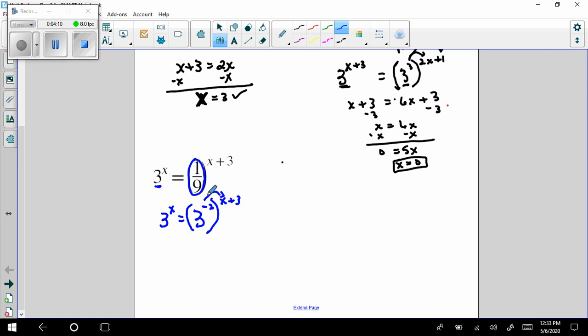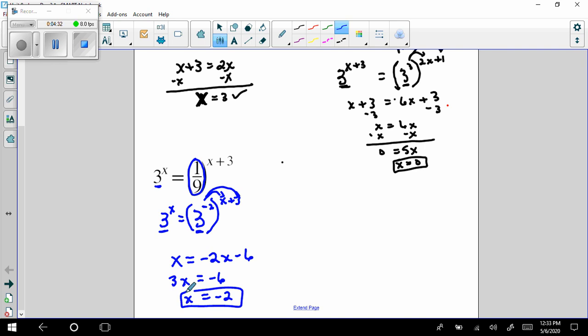Remember, I have to distribute these. My bases are the same. They're both 3. So I have x equals negative 2x minus 6. If I add 2x to both sides, I get 3x equals negative 6. X equals negative 2.